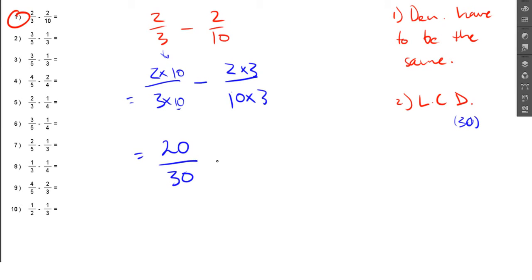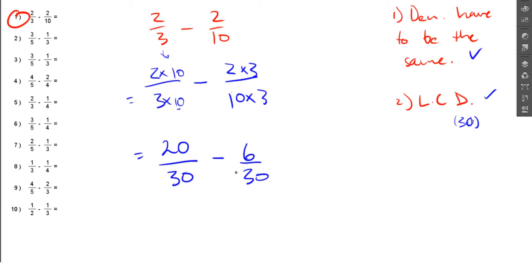That's what we wanted. And we have our 2/10 becomes 2 times 3 is 6, over 30. Yes, so we've got our denominators the same. So we got that checked, and we used our lowest common denominator check.